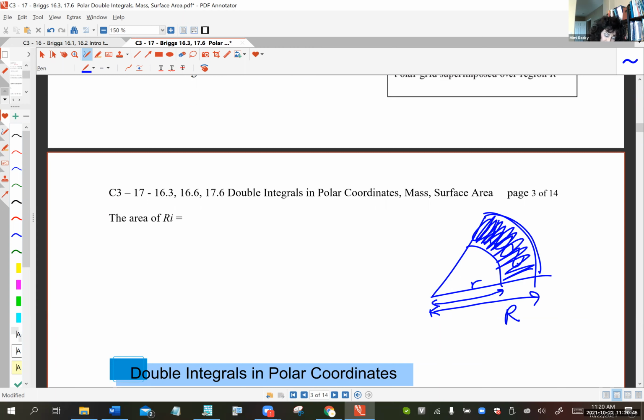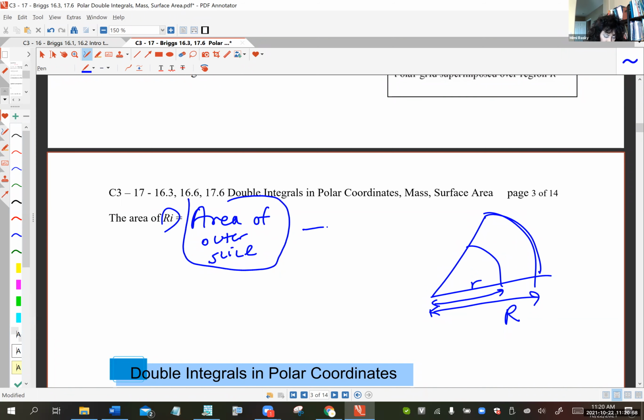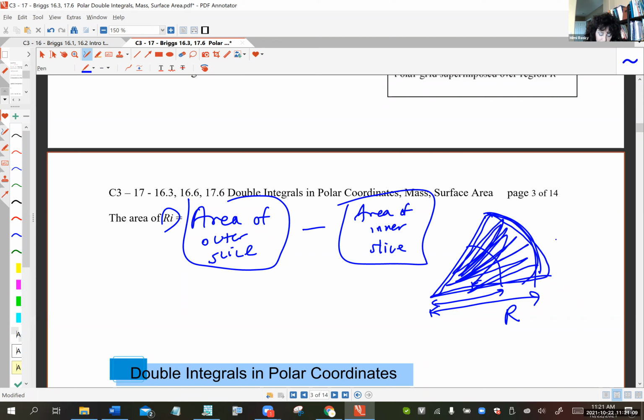So I claim this region that I have shaded in, the area of that, we'll call that Ri, would be the area of the outer pizza slice minus the area of the inner slice. If you don't believe me, let me walk you through it. The area of the outer slice is the entire slice, that whole pizza. But we're going to cut out the area of the smaller pizza right here. If we cut away this red, what's going to be left is the area that we want, just right there.